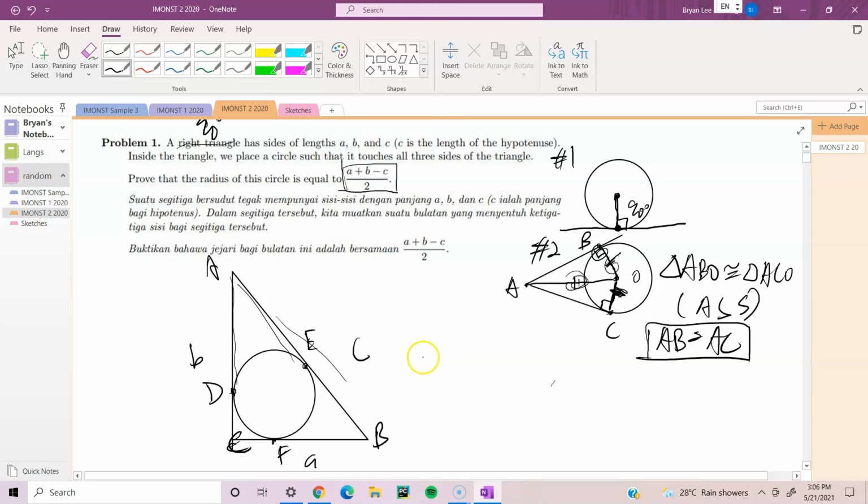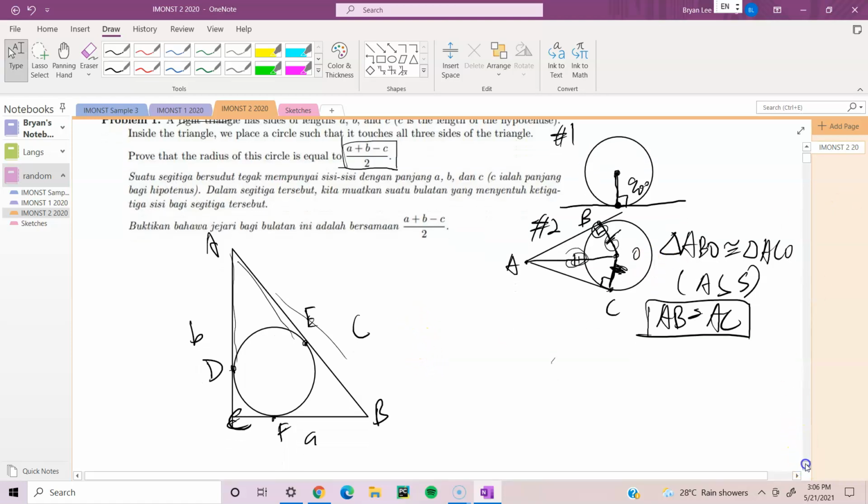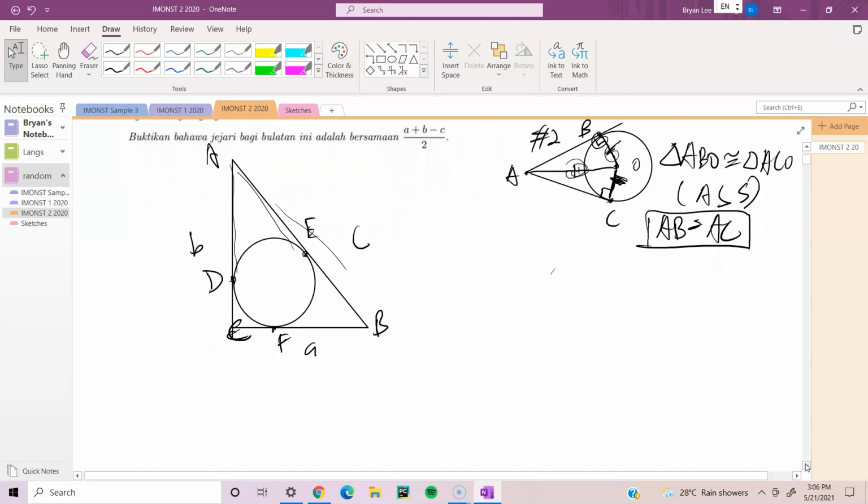So let us make up some variables. Since this is a proof type question, we need to write it in some essay form.